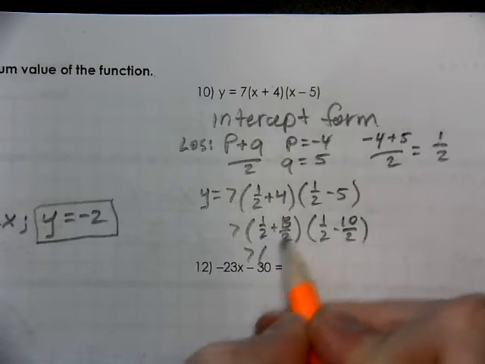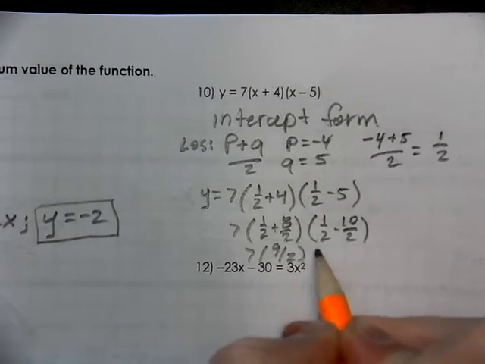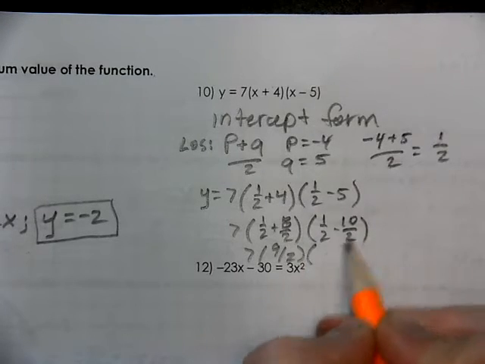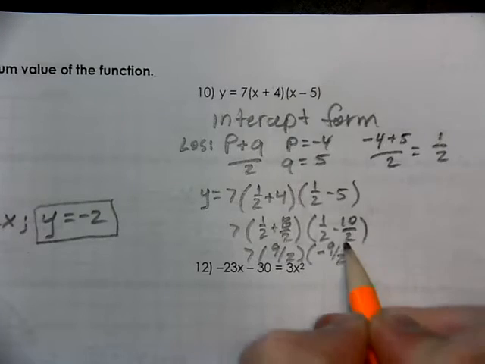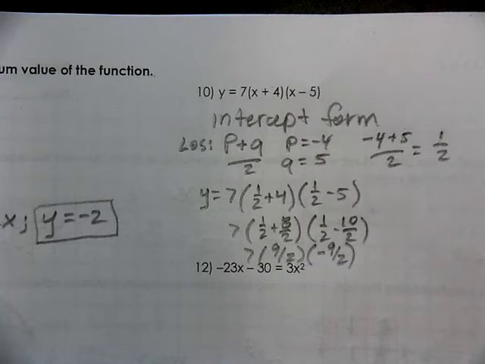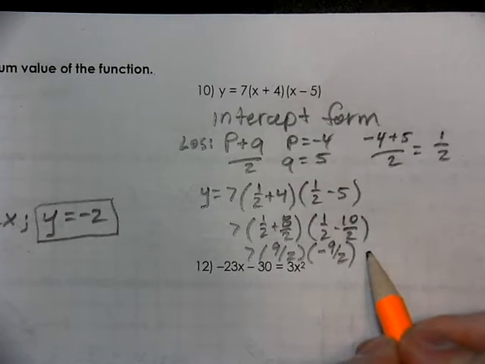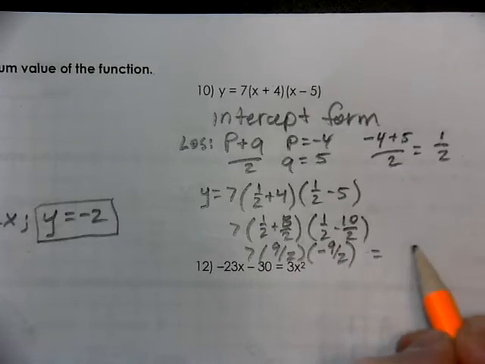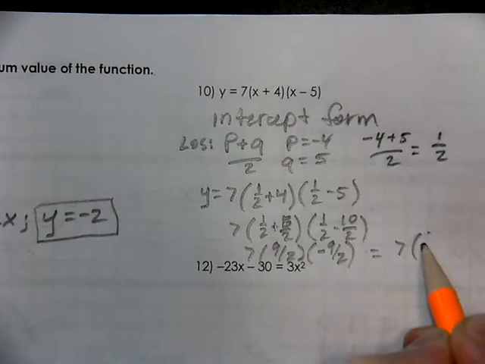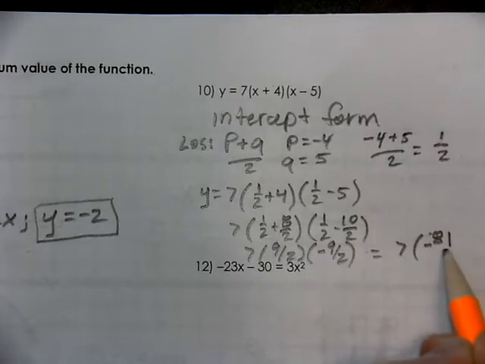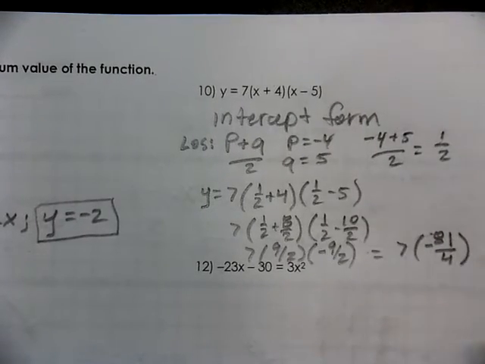So this is 7 times 9 halves. And this guy here is negative 9 halves. So to calculate that out, we would multiply the two fractions, which would give you negative 81 over 4.